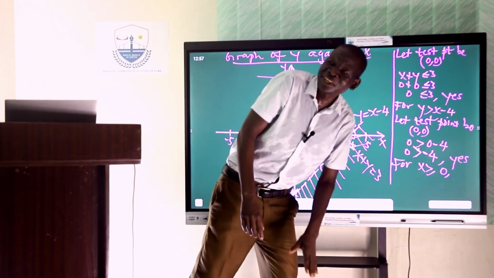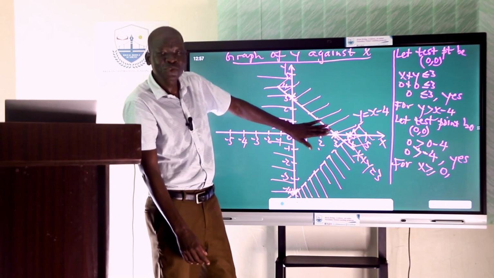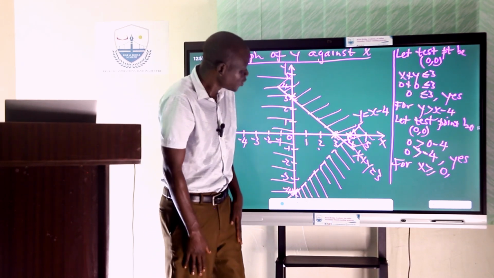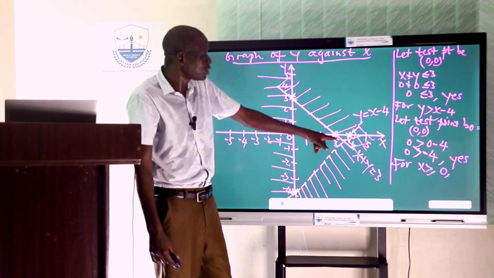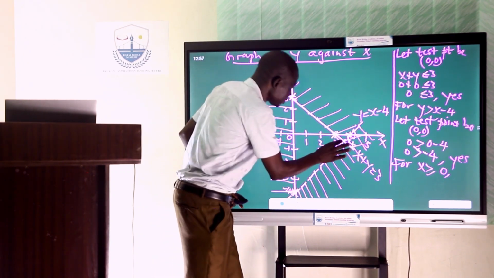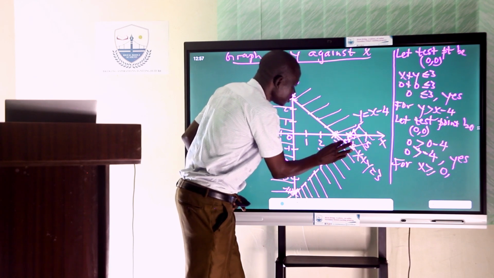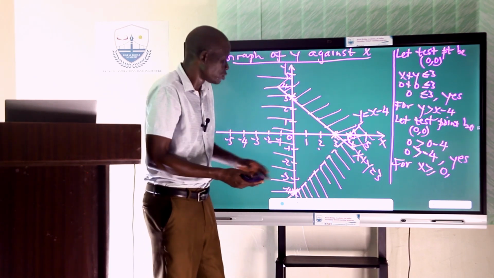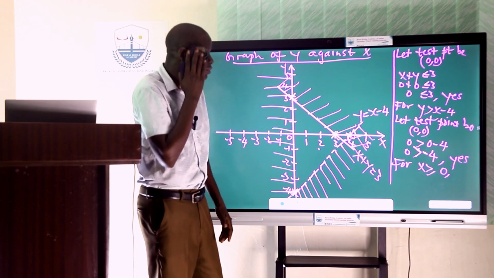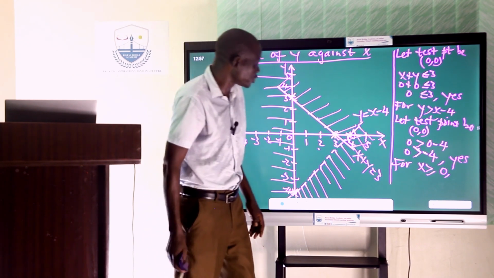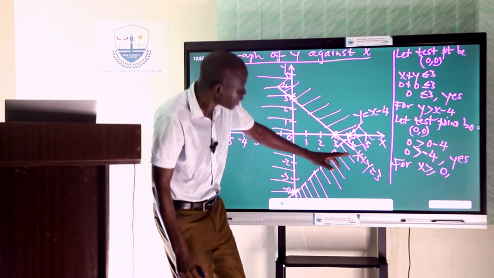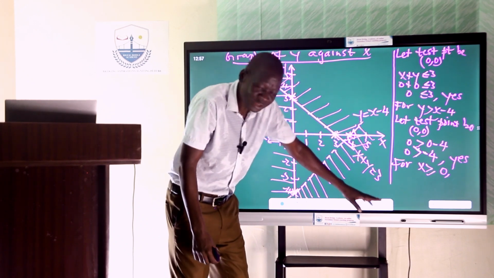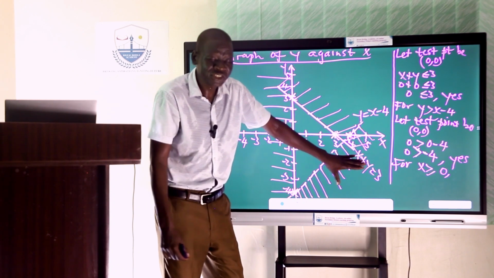So how do we find the area of this triangle? What we do is we find the point of intersection here. We only determine the x value for the point of intersection, meaning that we solve the equations y is equal to x minus 4 and x plus y is equal to 3 simultaneously.